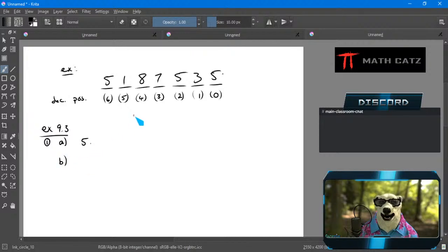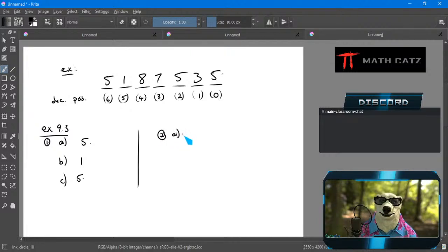What is the digit in decimal position 5? I go to position 5. Digit is 1. So it's not a hard concept, I hope. What is the digit in decimal position 0? Decimal position 0, it's a 5 again. And then over here, number 2.